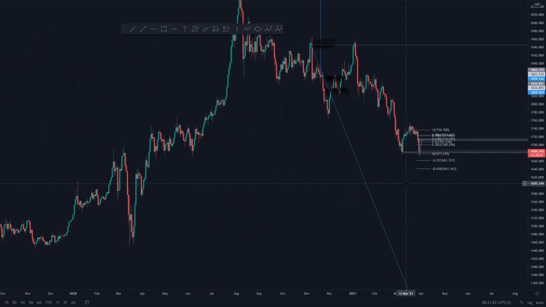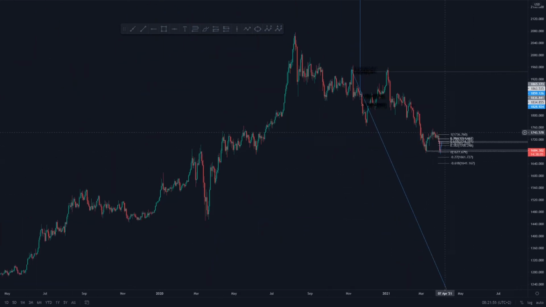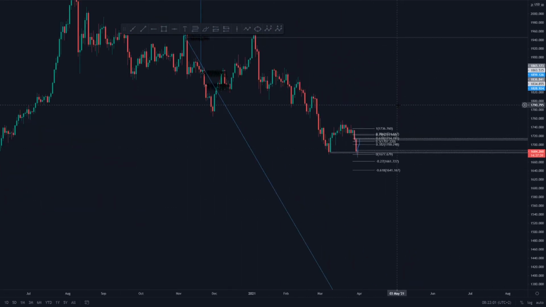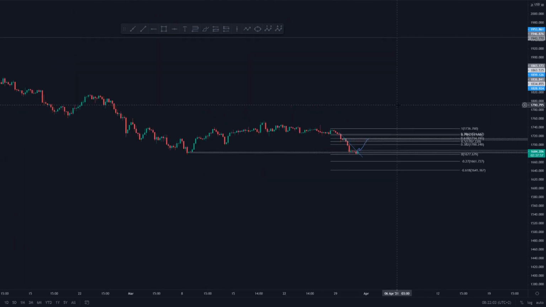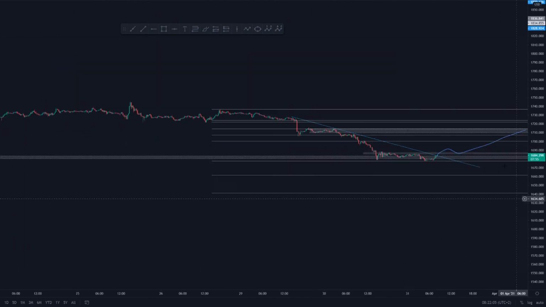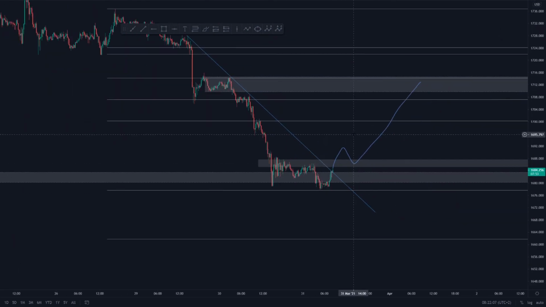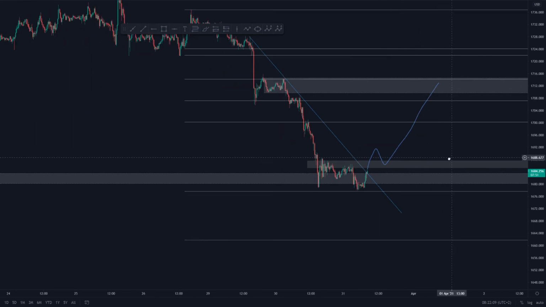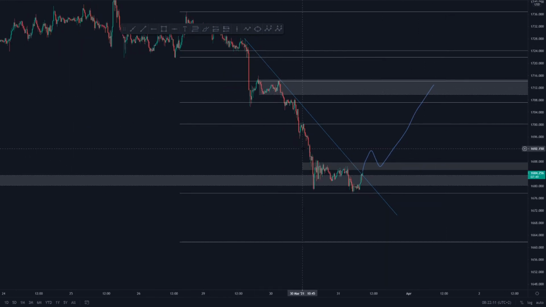If you quickly look at the daily, it has just been moving bearish since August 2020, hence why I am bearish for now on gold. However, short term or very short term bullish, just to see this 61.8 fib retracement and break up structure.